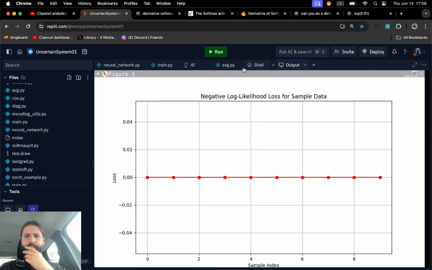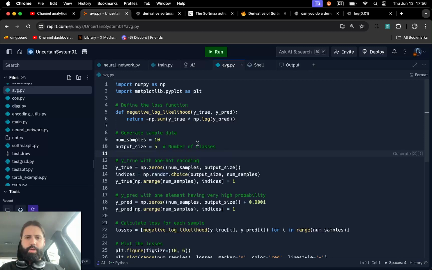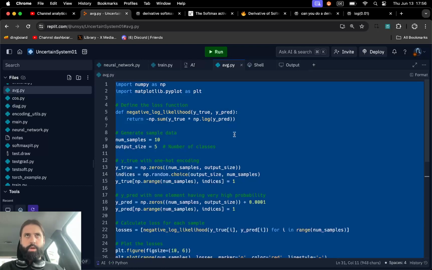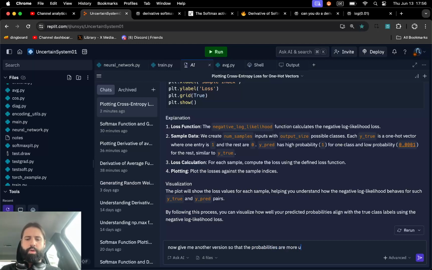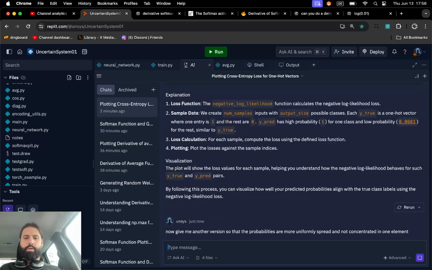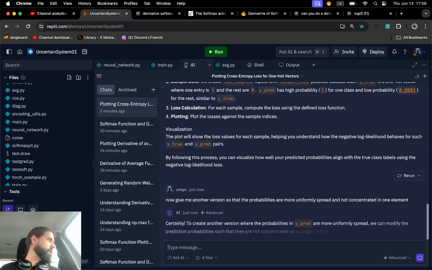What if now we do the same, but give me another version so that the probabilities are more uniformly spread and not concentrated in one element? I think that is the problem, right?